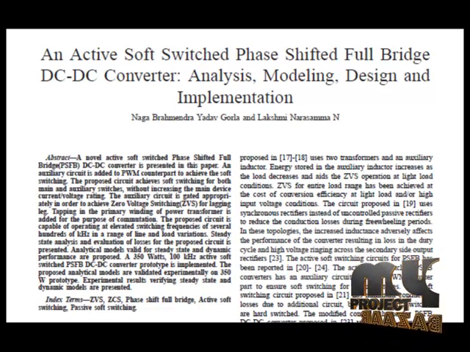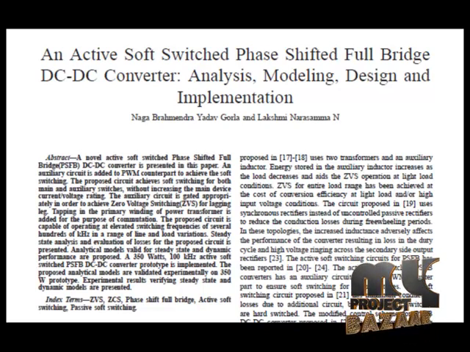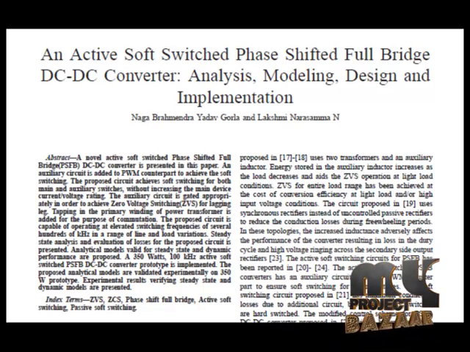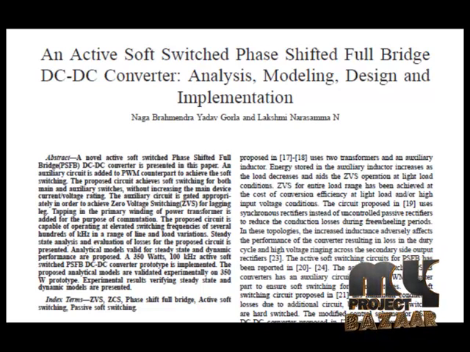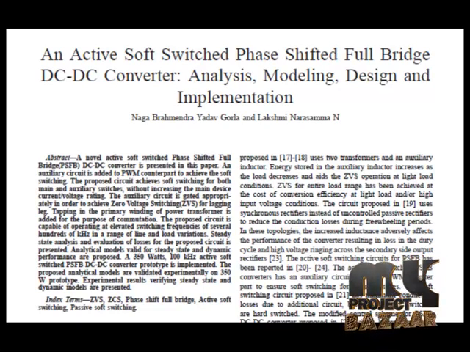This increased inductance has a detrimental effect on the performance of the converter, since it causes an increasing loss of the duty cycle on the secondary side, as well as severe voltage ringing across the secondary side rectifiers due to the resonance between the inductance and the junction capacitance of the rectifier.